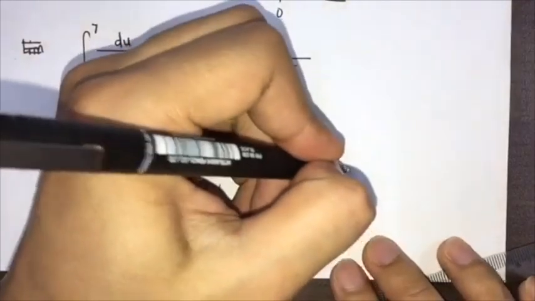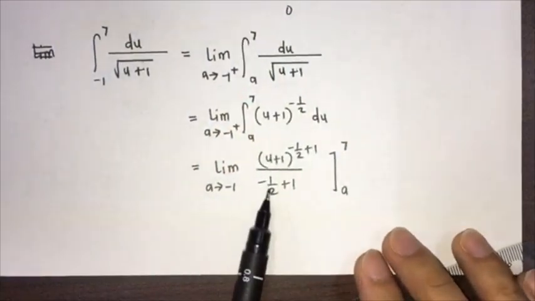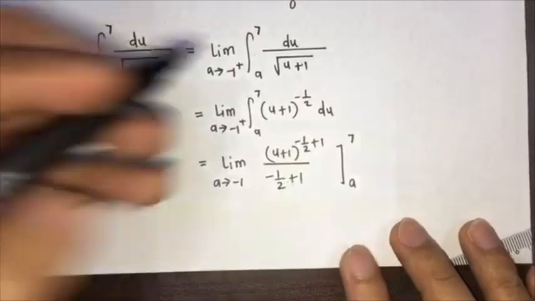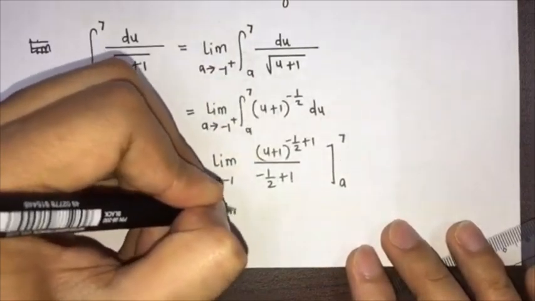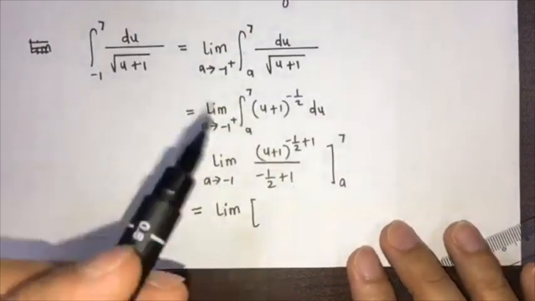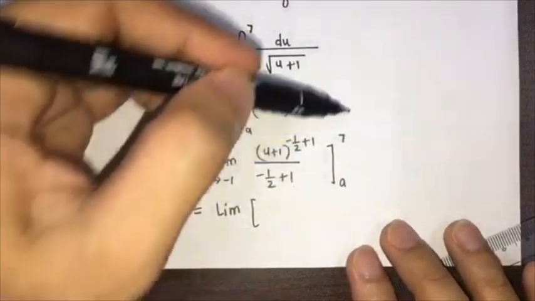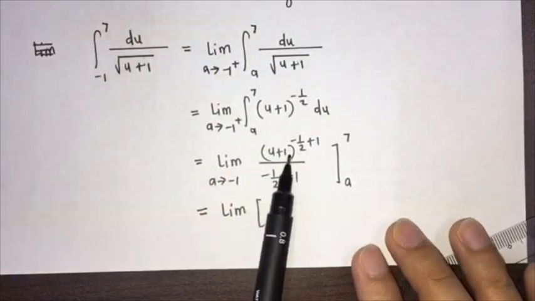Simplifying, this will become u plus 1 raised to 1/2 over 1/2, so that is 2 times u plus 1 raised to 1/2.